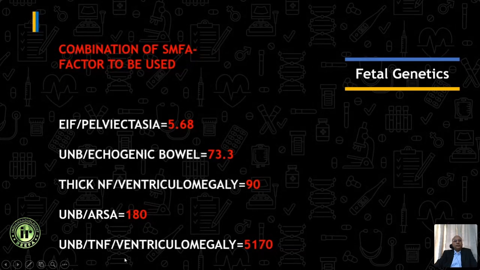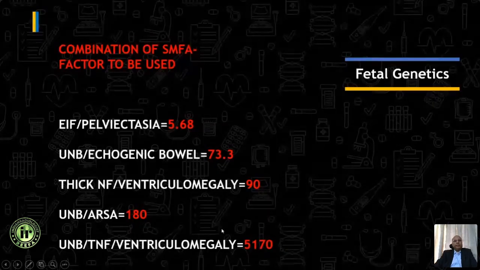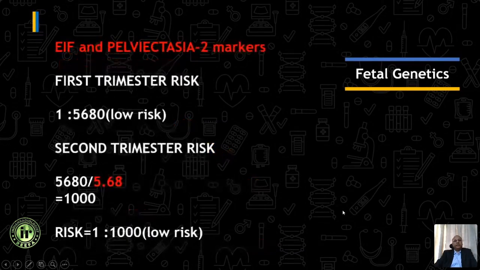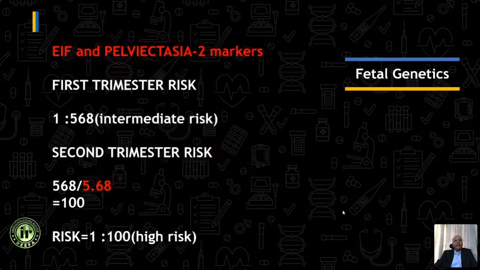Now look at this. You have three markers: unossified nasal bone, thickened nuchal fold, ventriculomegaly. The factor is 5170. As the number of markers increases and as the combination of markers with higher likelihood ratios increases, the factors themselves increase, and then the new risk becomes very high.